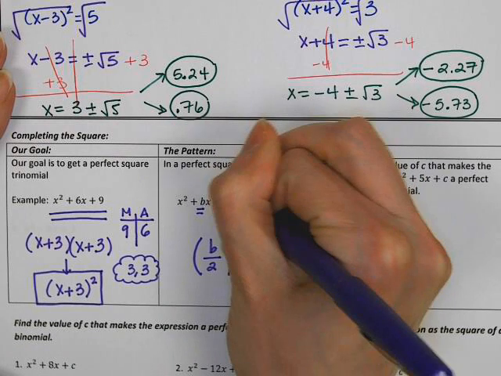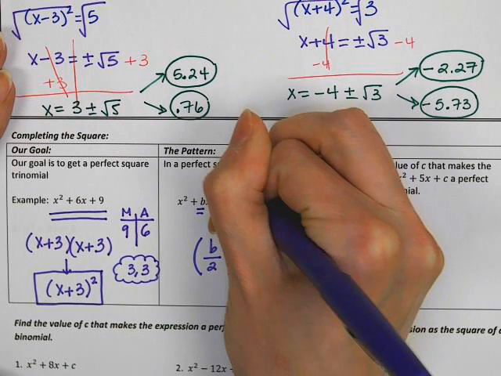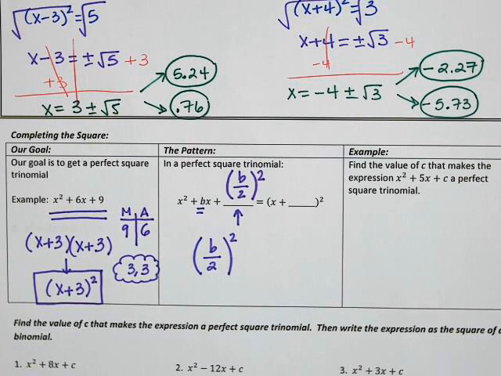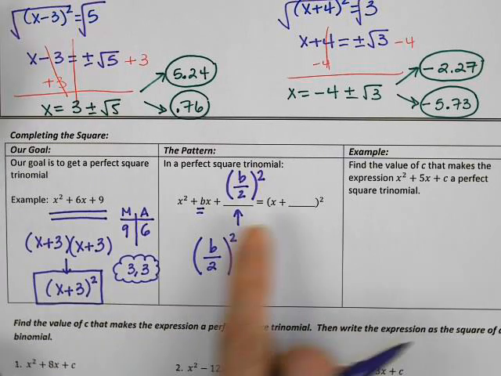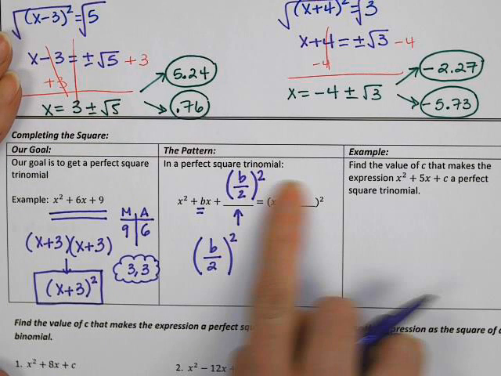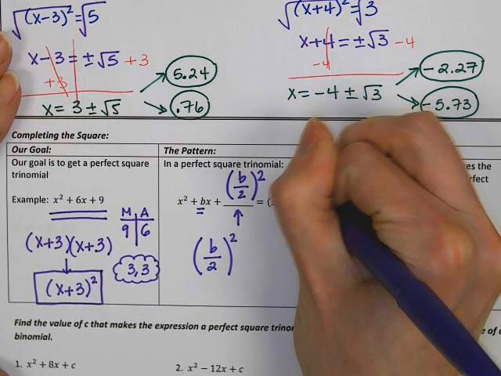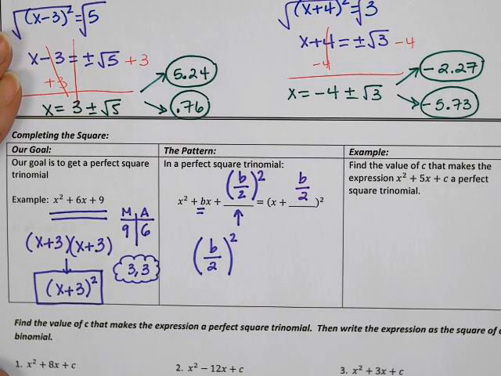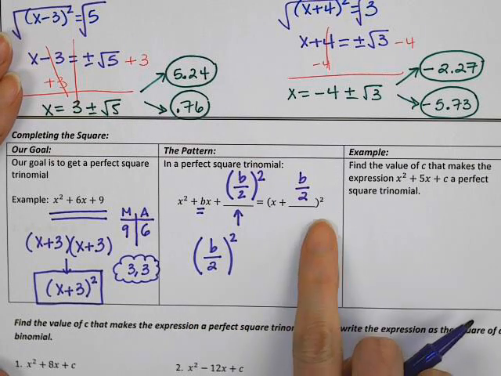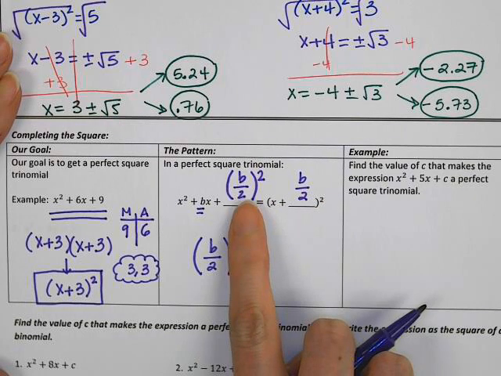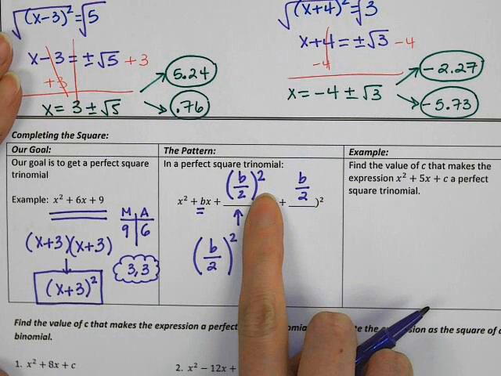It's the b number divided by 2, and then that answer squared. The number that goes here is b over 2, whatever you got from b over 2, and then the number that goes here is that number squared.